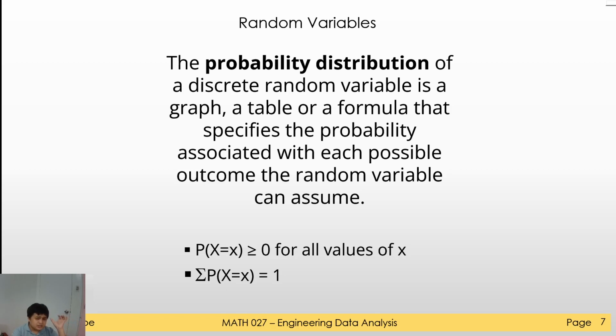So there are two important properties of a random variable. The first one is that it will always be positive, ano, or zero. And then the sum of all the probabilities of the random variable will be equal to 1. So the summation of p is equal to 1. Okay, so let's consider again the previous problem.